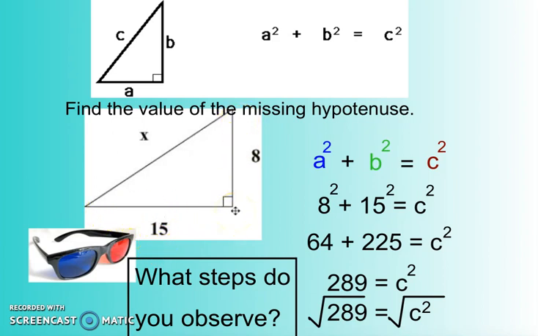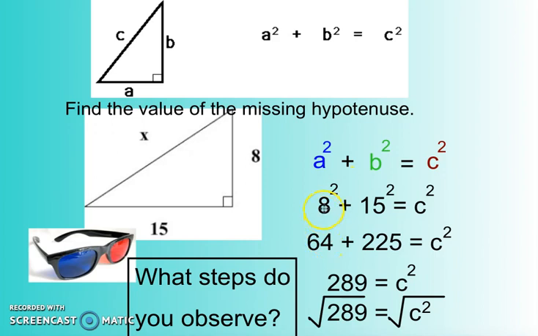So if I go back to what we just saw, as an illustration, if I take that 8 and I square it, and I take the 15 and square it, shouldn't I get what the squared part is of this hypotenuse? Yes, I should, because if I add those together, I should get that.